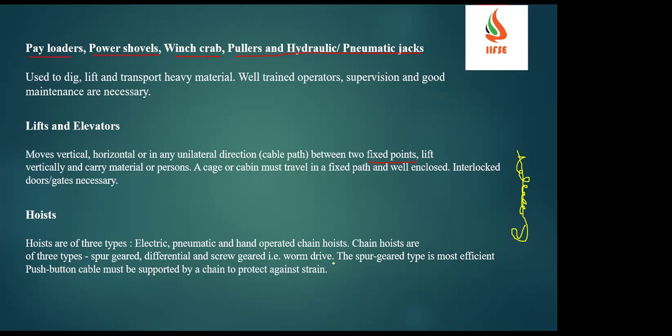The spur gear type is the most efficient, and a push button cable must be supported by a chain to protect against strain. In a chain block, it will assist with the chain for guiding the material, or lifting or lowering of material with the hoist.